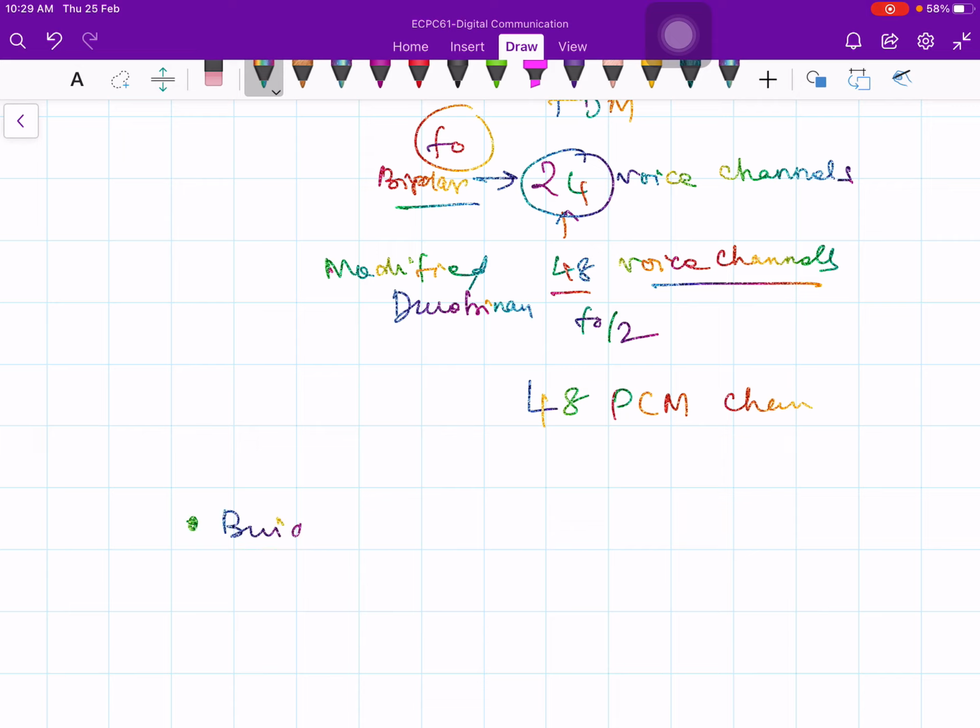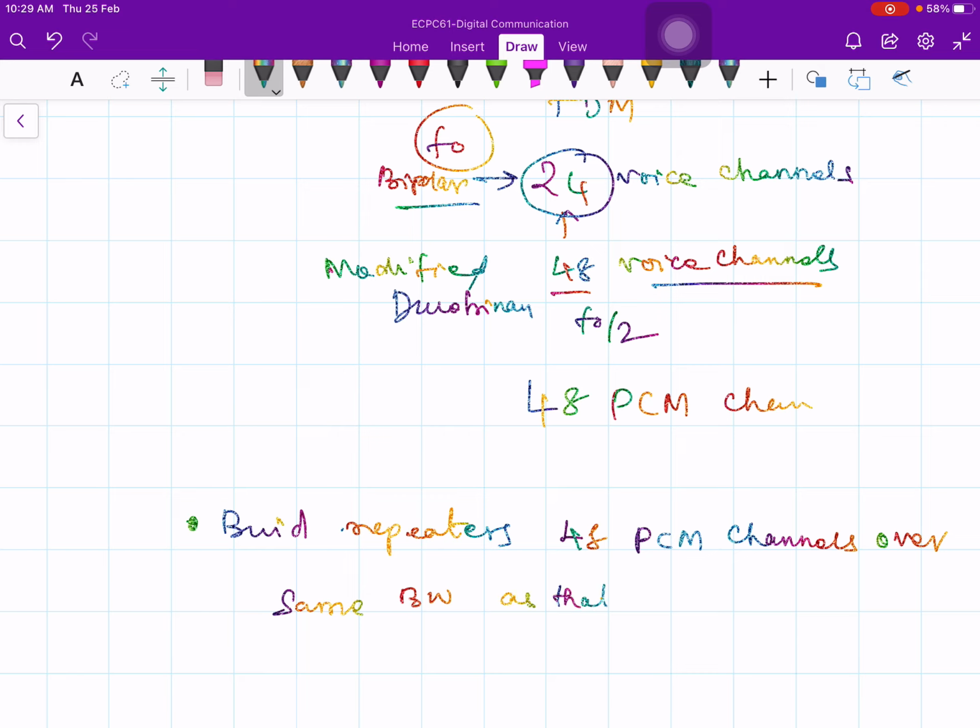Therefore, build repeaters with 48 PCM channels over the same bandwidth as that of 24 channels.